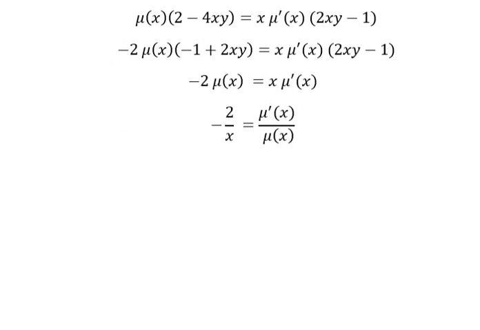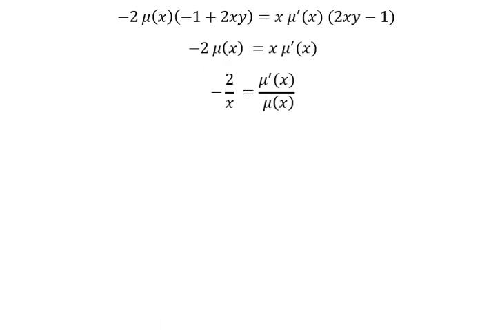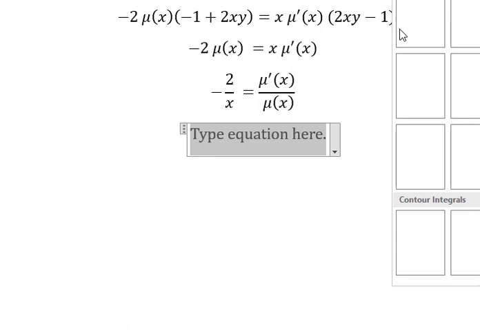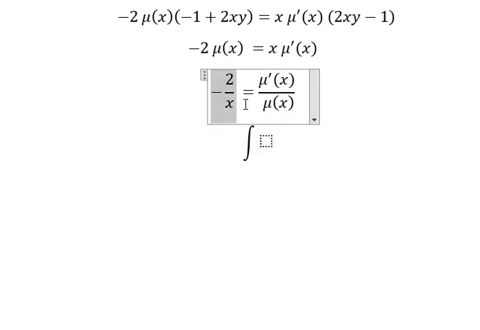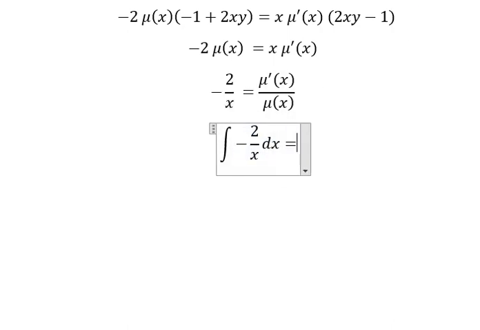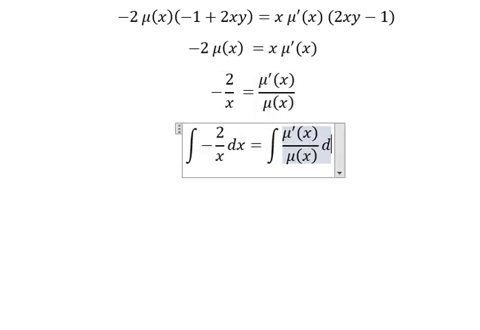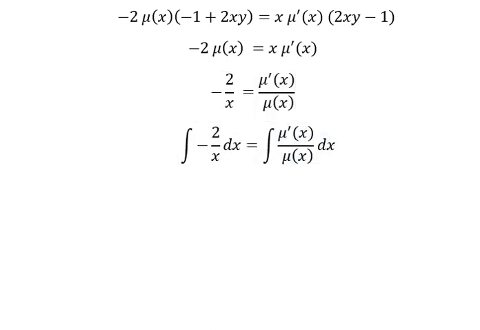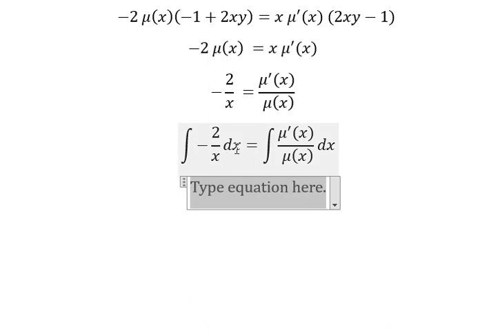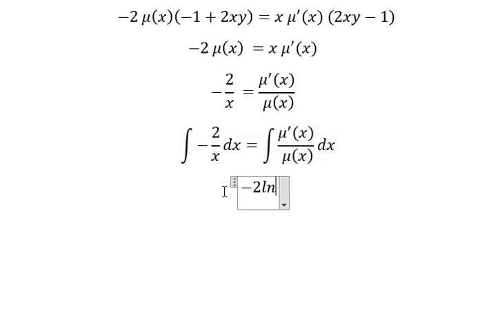Next, we put the integration for both sides. So, the integration of this one, we have like this. This one, we have Ln of the absolute value of mu s.